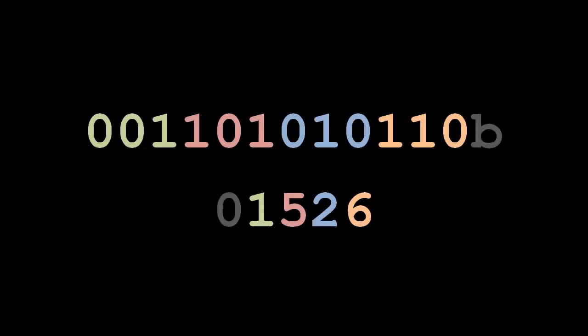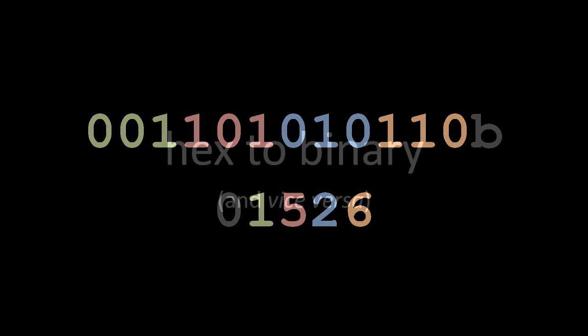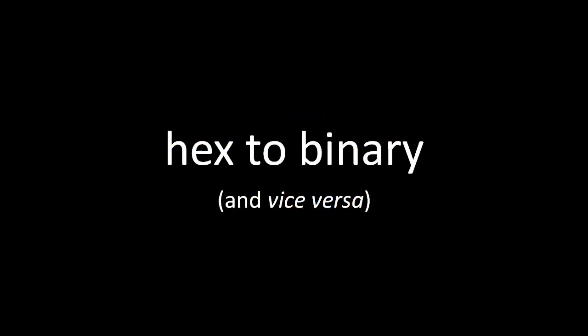And I can just as easily go the other way. If I have binary 11010101110, then I take these digits and I group them into threes, starting from the right, and then I simply directly translate each group of 3 binary digits into its corresponding octal digit. Because 16 is a power of 2, the same idea works with conversions between hex and binary. The only difference is that each hex digit corresponds to 4 binary digits.